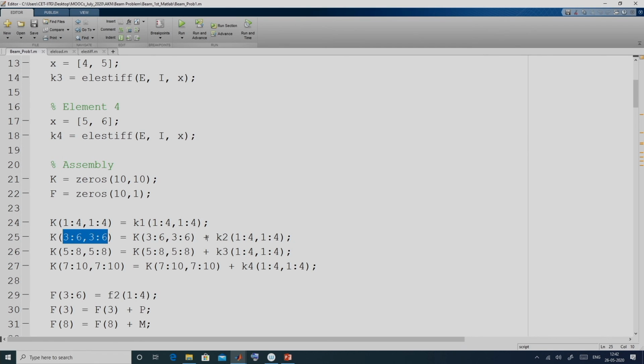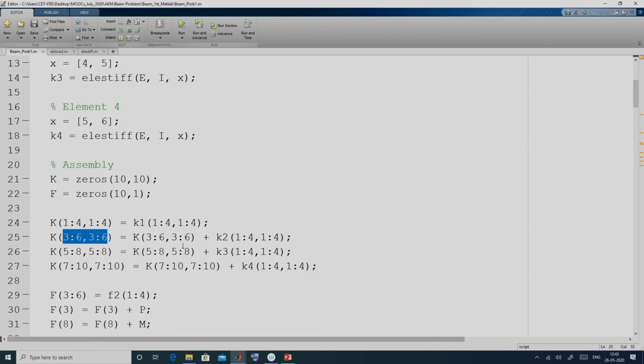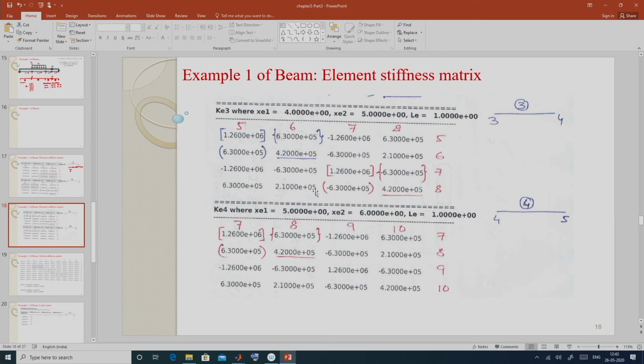Now, here we have added because this 3 4 already appeared in K1. So, this will be added with this. So, we have added with already existing entries. Similarly, for element 3 the global addresses are 5 to 8, and for element 4 global addresses are 7 to 10.